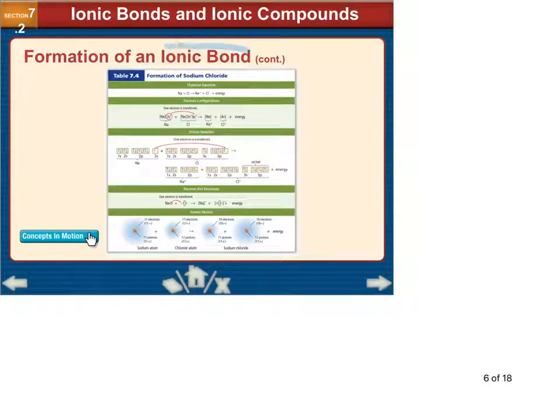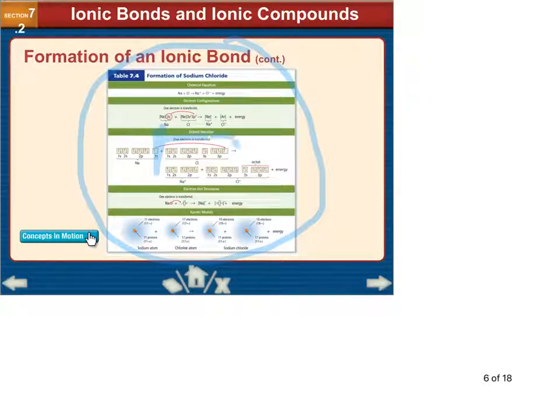Here's a little illustration of formation of sodium chloride. The key idea in the formation of an ionic bond is the transfer of an electron. Illustrated here, you have an extra little electron out in this s orbital.